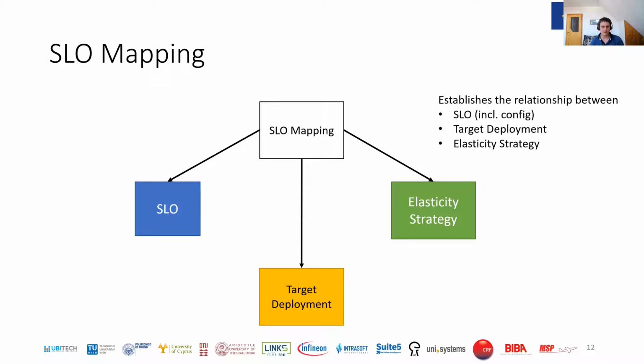An SLO mapping is basically a configuration object that establishes the relationship between the SLO itself, the target deployment, and the elasticity strategy. So this is what actually gets the whole thing going, because all the other things are just controllers which implement the logic, but this little SLO mapping actually gets the ball rolling.